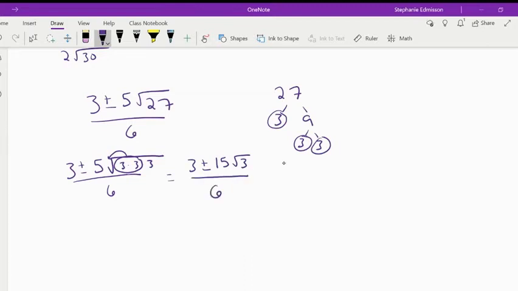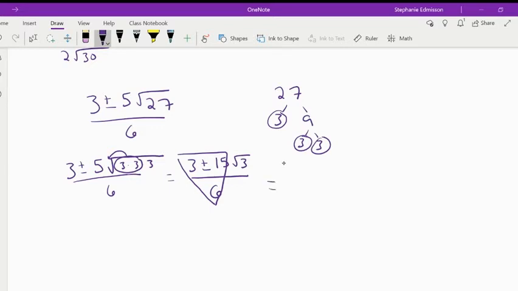Okay, now the number inside of the root is as simplified as it can be. So now we need to deal with these numbers. And these numbers, to me, all look like they're divisible by 3. So we're going to divide each of these by 3. Remember, that's when we draw our little triangle. And any number inside of the triangle, we try to see if it's divisible by the same number. And in this case, it is. It's divisible by 3.